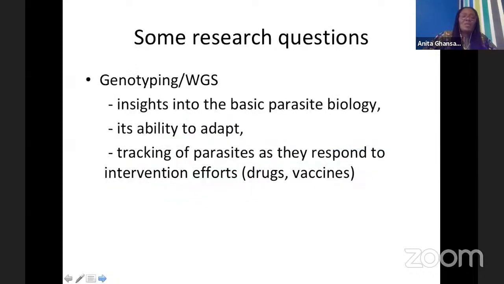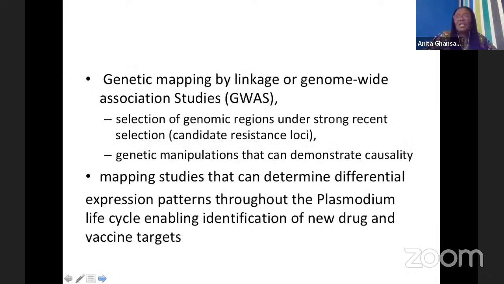Some of the questions that we can ask by using whole genome sequencing or any genotyping platform are to get insights into the parasite's biology, its ability to adapt, and to track these parasites as they respond to interventions like drugs or vaccines.